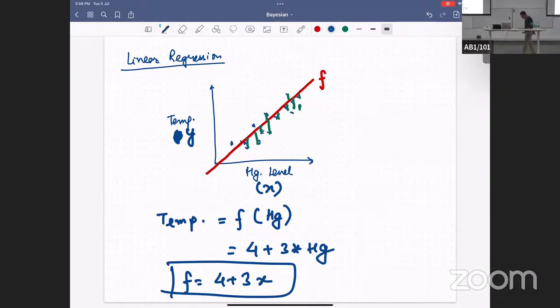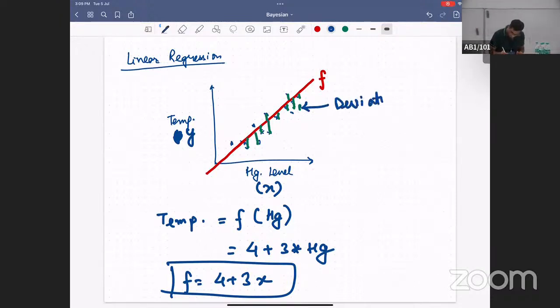We're saying that these deviations that you see are due to human observation or some other kinds of observation errors, right? So these are errors. We cannot directly model them. If we could model them, we could have included them in our f function itself. That's the basic assumption that we'll take.